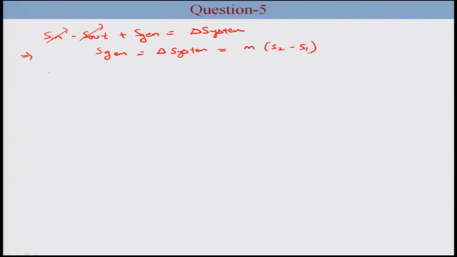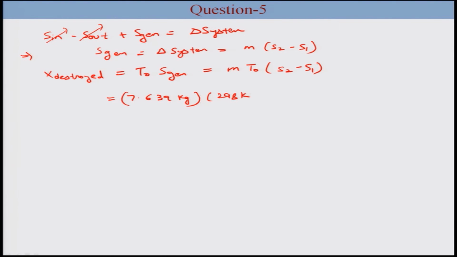Now substituting, X destroyed is equal to T naught S gen, so this is equal to m T naught (S2 minus S1), and putting all the values, m is 7.639 kg, T naught is 298 Kelvin, S2 is 1.8459 and S1 is 1.3609, in kilojoule per kg Kelvin.